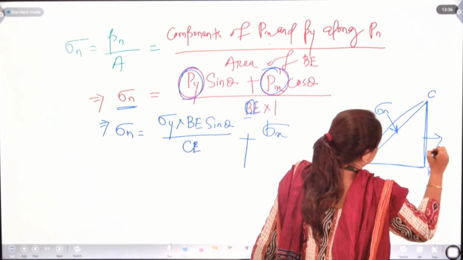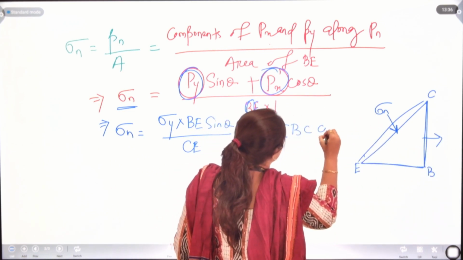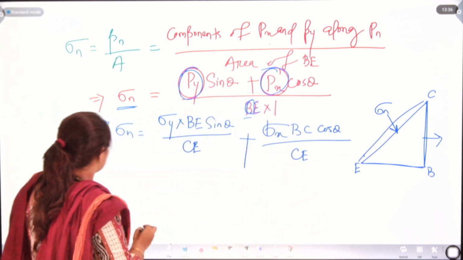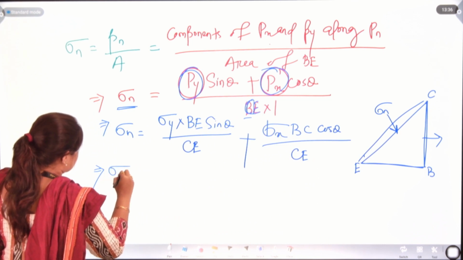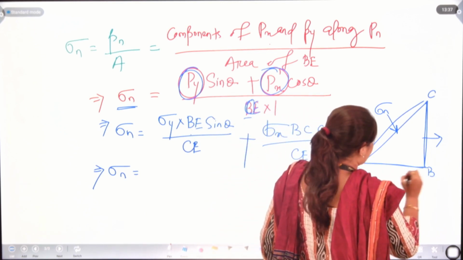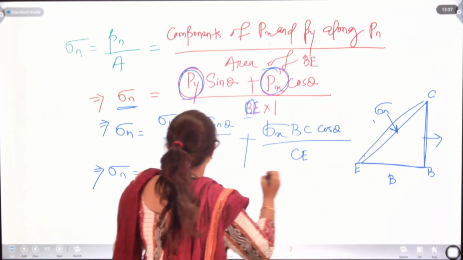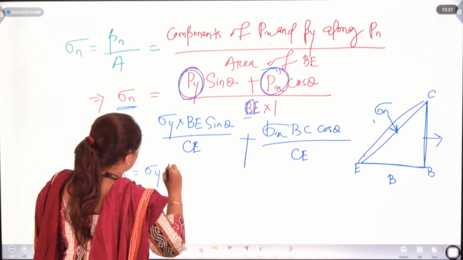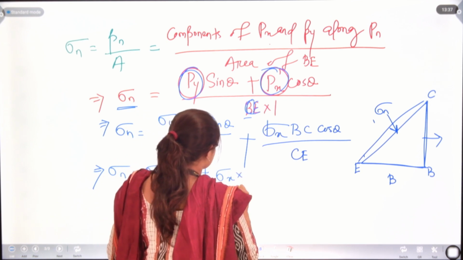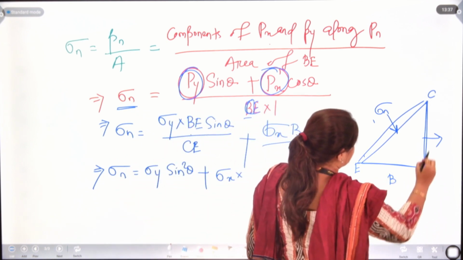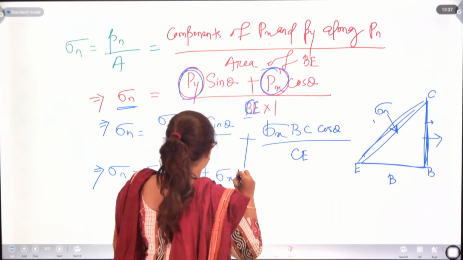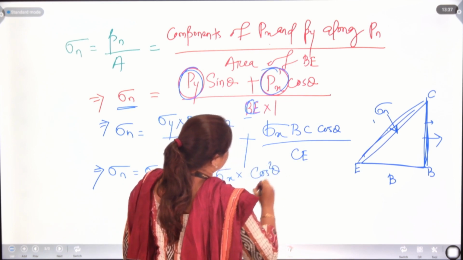X is acting in this plane, that's why BC cos theta upon CE. So sigma n equals sigma y into BE upon CE, base upon hypotenuse, sin square theta plus sigma x into BC upon CE, this upon this, perpendicular upon hypotenuse, will be cos square theta.